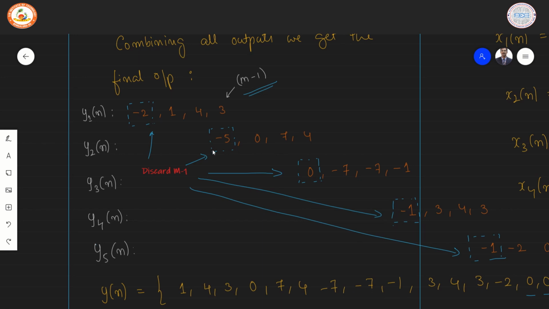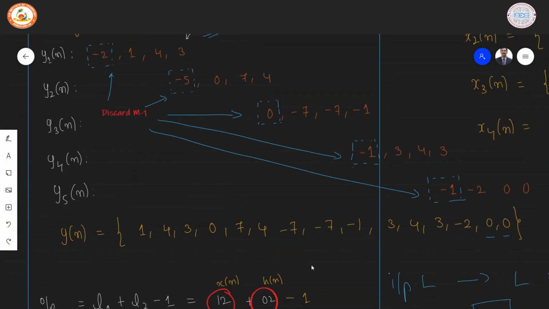We have seen that the last m minus 1 points are shown as overlapping. Now in each block, we discard the first m minus 1 point. Here m being 2, m minus 1 is equal to 1. So first point is discarded in each block. The remaining points are written in sequence. So this forms the output.